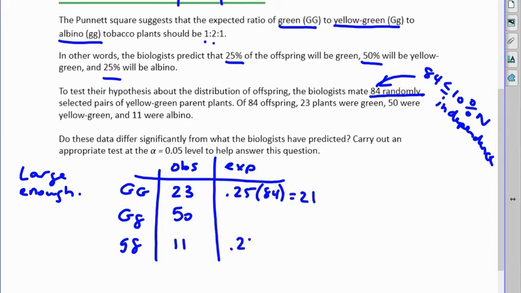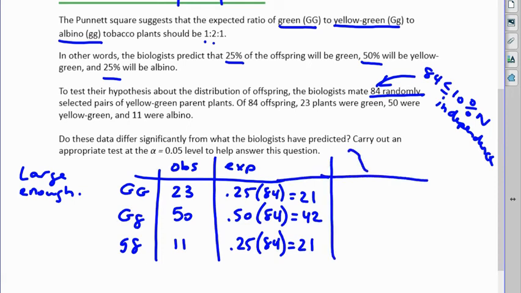Same number down here. Just doing it by hand. These are pretty easy numbers to work with. 42. And then we would get our chi-squared contributions. This one is a reject, so we actually really are going to need these chi-squared contributions. I would go in and use the goodness of fit test on the calculator.